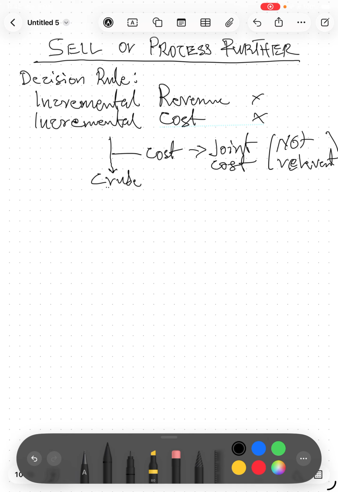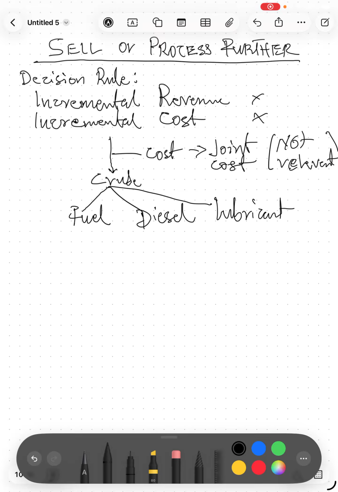So we're saying you produce crude. At this point, you cannot decide to say, let me produce fuel, produce diesel, or even produce lubricants, or even produce kerosene and sell. There are many other things that can be produced from crude oil.